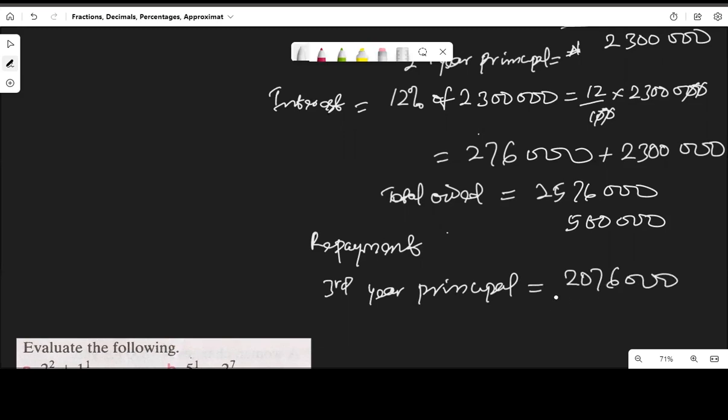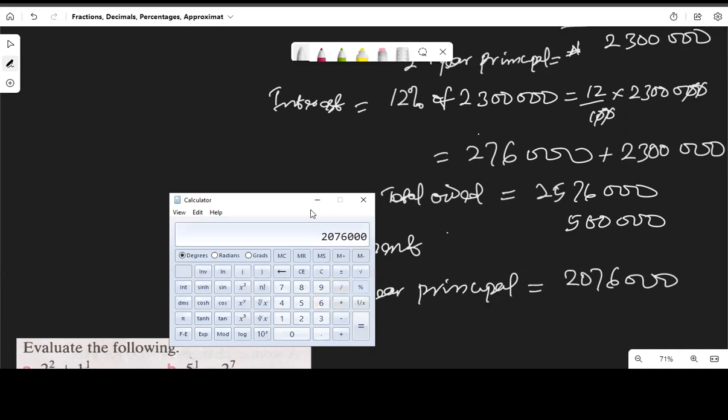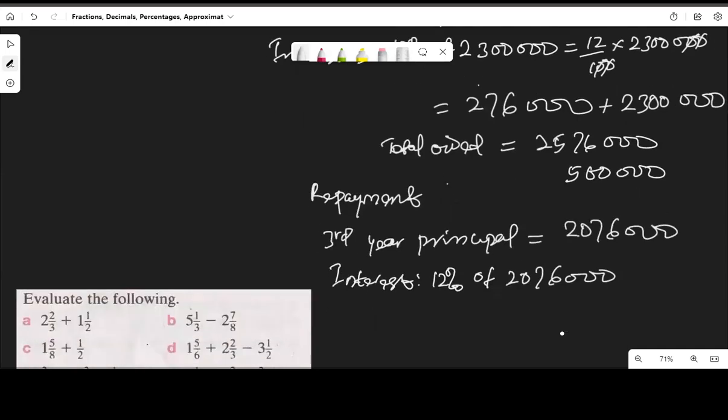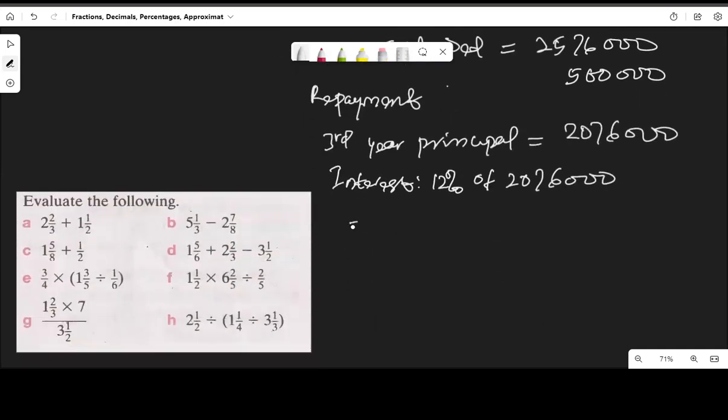Then 12% of that is to know the interest they will pay in that third year. The interest for that year is 12% of 207,600, which is 12 over 100 times 207,600.